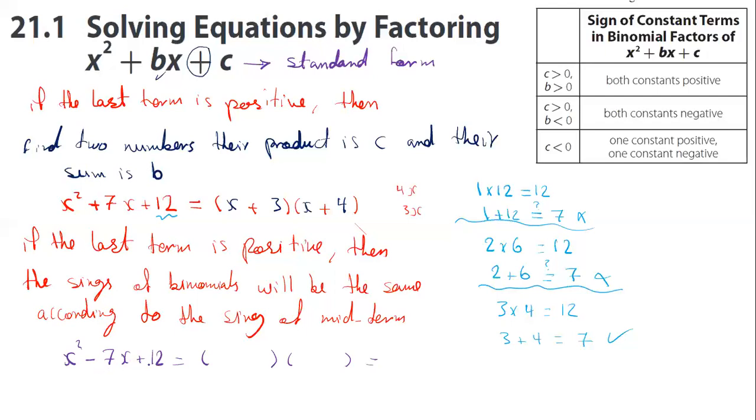So we have to look for two numbers whose product is 12 and whose sum is 7. The first step is to factorize x squared as x times x. The two numbers are 3 times 4, 12, and 3 plus 4, 7. So again, 3 and 4.